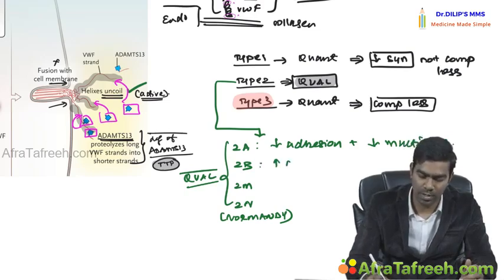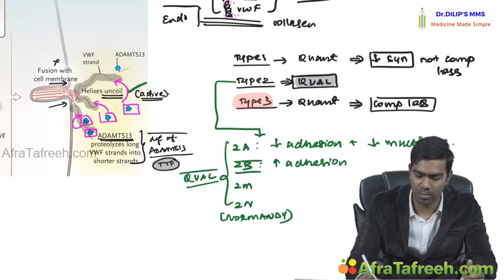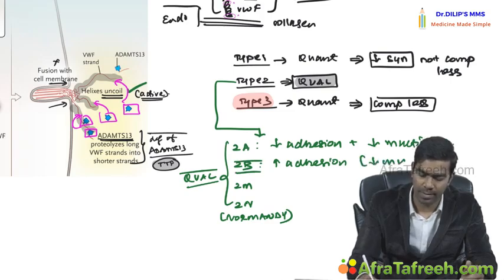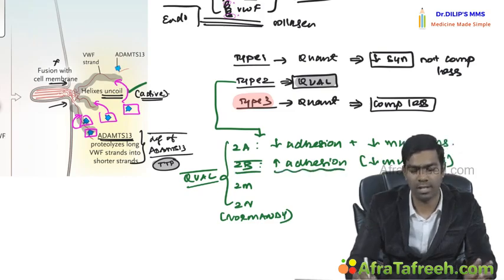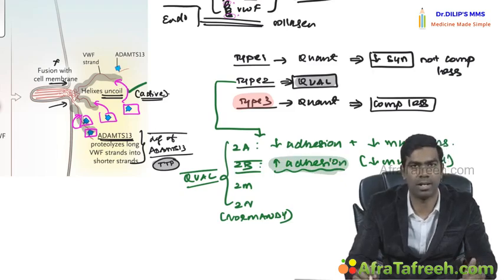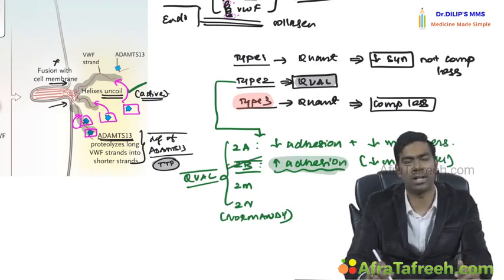Type 2B is one peculiar disease where they have increased platelet adhesion. Like you can see, this also will have reduced multimers, that's all right, but that is not a very important point here. They will have increased platelet adhesion, that is the key here. This is the only type of von Willebrand disease which is due to increased platelet adhesion. You can ask me how increased platelet adhesion can cause the disease.